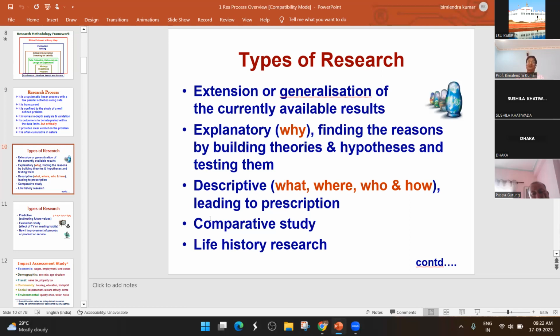So whenever it is the life history of the Buddha, an Arhat, or any acharyas, it is called life history research. And these are based upon the texts which are available to us.